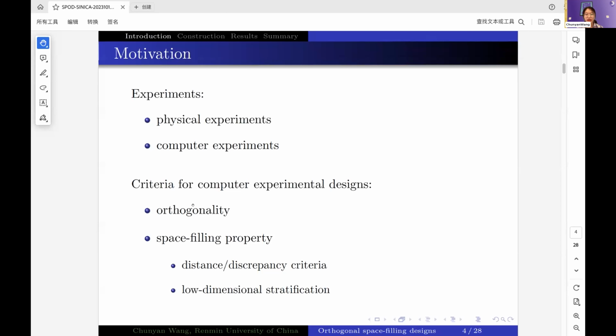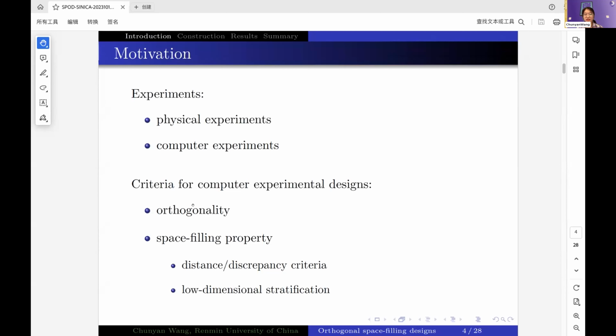On one hand, if we know what our model looks like, then a design with orthogonality is preferred, since for an orthogonal design, every two columns are orthogonal. That means the correlation between them is 0.